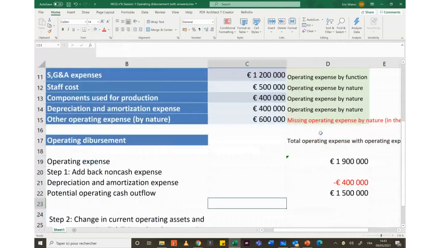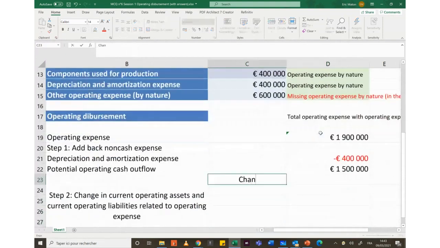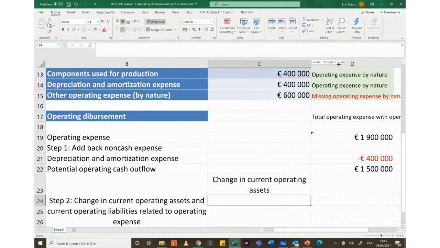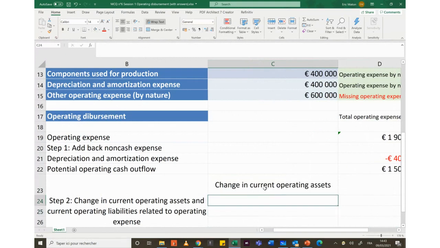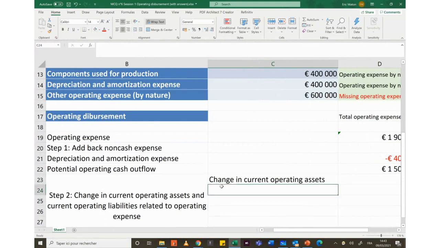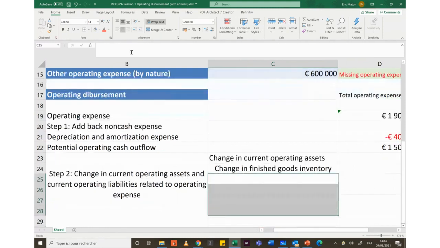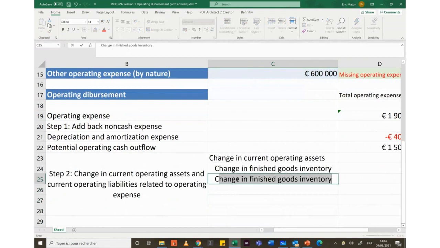So in the change in current operating assets, we have the change in finished goods inventory, and we have the change in accounts payable, receivable, sorry.